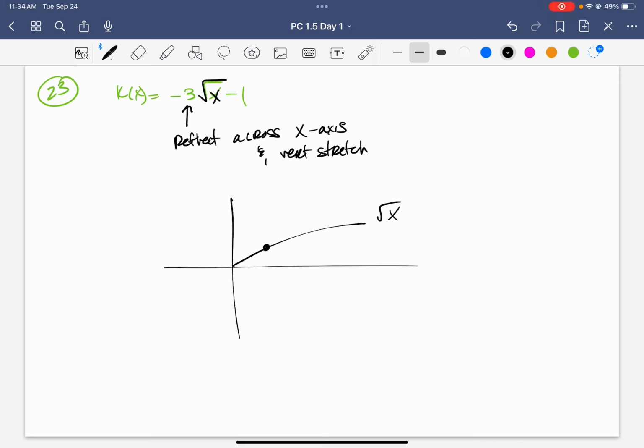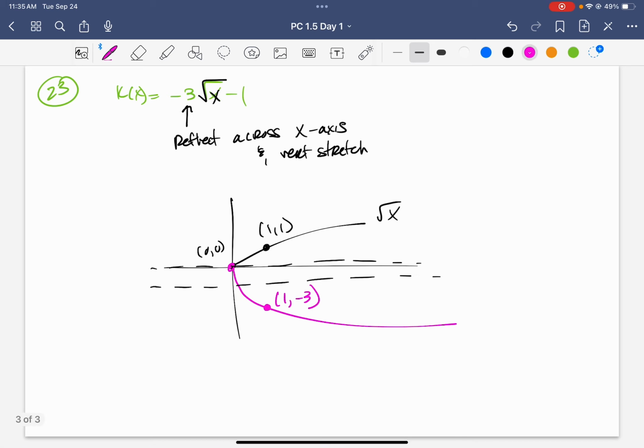So if this is square root of x and it has a point at 0, 0 and 1, 1, then we multiply by negative 3. It's now going to have a point at 0, 0 and 1, negative 3. But then if we take that whole thing and shift it down 1, because that's what this does, right? We'll make it blue. This negative 1 takes all those old y's and subtracts 1.